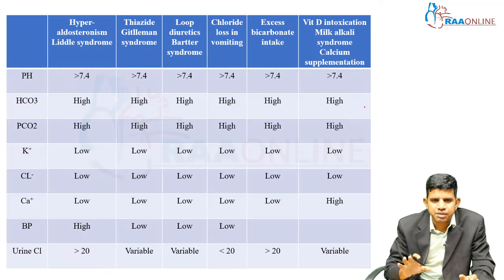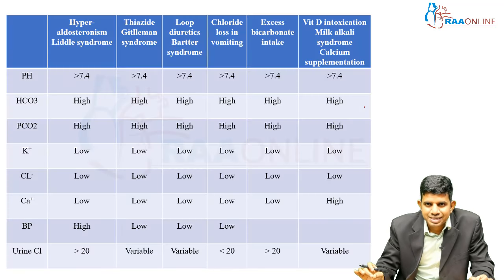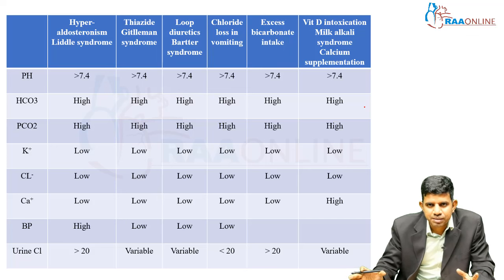Okay. Just summarizing here. The treatment of metabolic alkalosis is to identify the root cause. Okay, it's very important; only then can we treat it. So, how can we identify it? Each disease will have different patterns. Some causes will have low urine chloride, some will have high. In some conditions the BP will be low and the patient will be hypovolemic; in some the BP will be high, with hypervolemia.